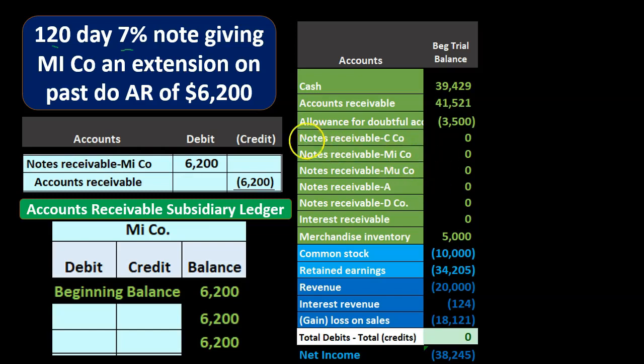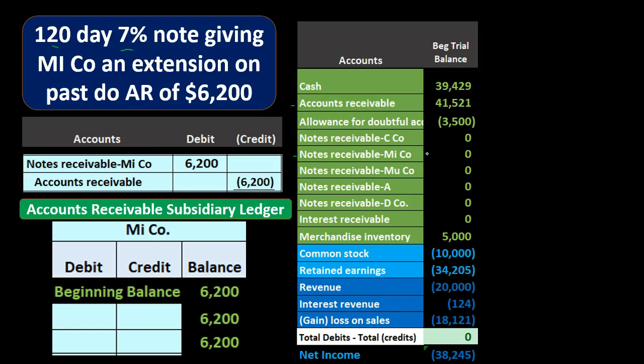Now note here that we're recording a different note receivable for each customer. In other words, the accounts receivable we're tracking in one account here, supporting that account with a subsidiary ledger, which then will track each customer that owes us the money. With the notes receivable in this example, we have a different note receivable for each note outstanding, and we'll track the principal amount owed here, as well as supporting documentation to be able to track the principal and interest that is owed.